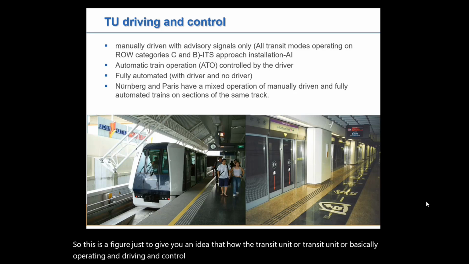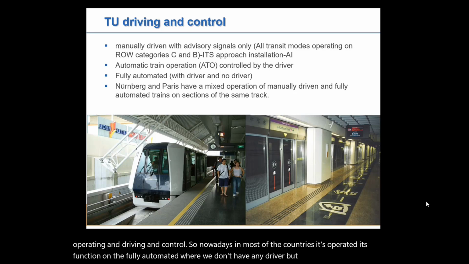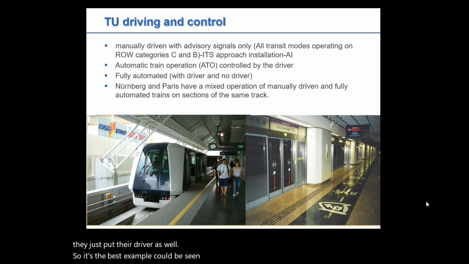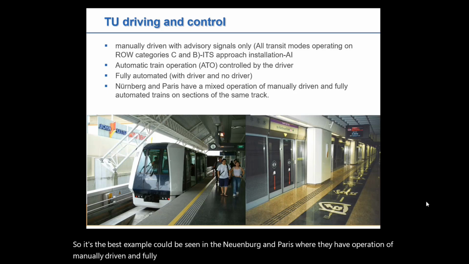So nowadays in most countries, it functions fully automated, where we don't have any driver, but for people's satisfaction, they just put a driver as well. Its best example can be seen in Nuremberg and Paris, where they operate both manually driven and fully automated trains on the section.